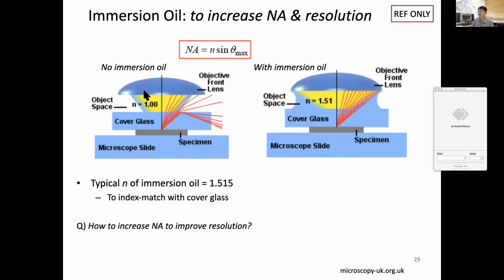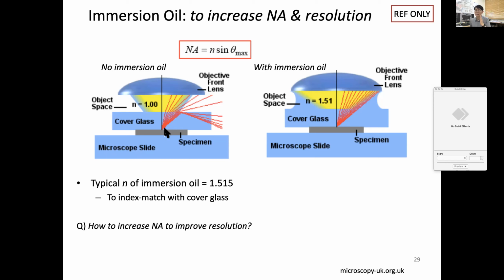So look at that. This is the microscope objective lens, and typically you have a microscope slide and a very thin, small specimen, and you have a regular microscope cover glass here. So what happens if the space is air versus, let's say, oil with n equal 1.5?